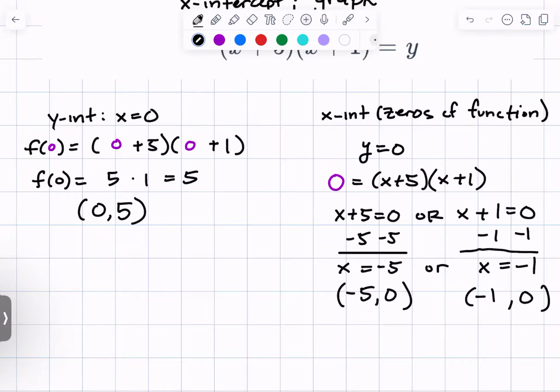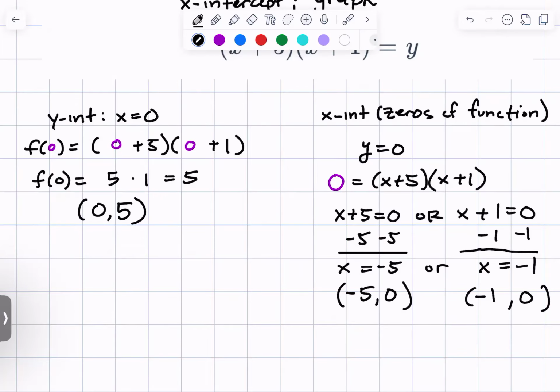Honestly, class, the steps from above, right? You can do it in any order that you want. I got my y-intercept and my x-intercept first. Okay? The previous example, I got my x-intercepts and then I got my vertex and then my y-intercept, right? But in this example, I'm just getting my vertex last.